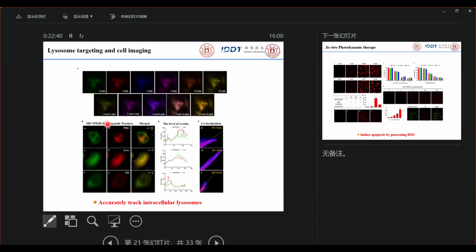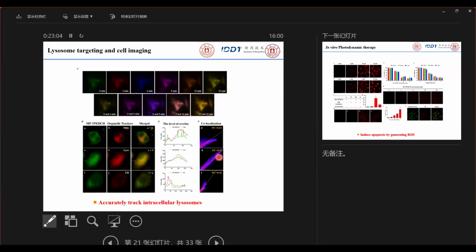Our original design is to target the lysosome, so we have to compare with other organelles. For example, we use this probe to compare with the lysosome and mitochondrion.